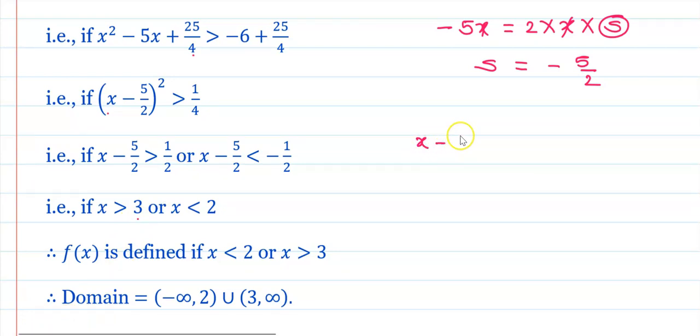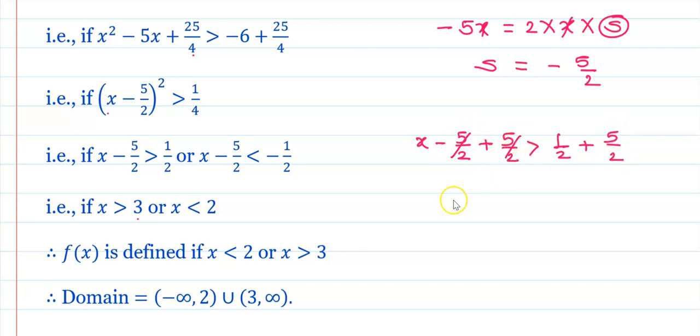X minus 5 by 2 plus 5 by 2 is greater than 1 upon 2 plus 5 by 2. This will get cancelled and you will get x is greater than 6 by 2. X is greater than 3.